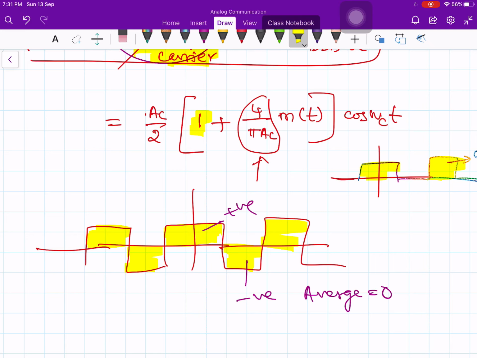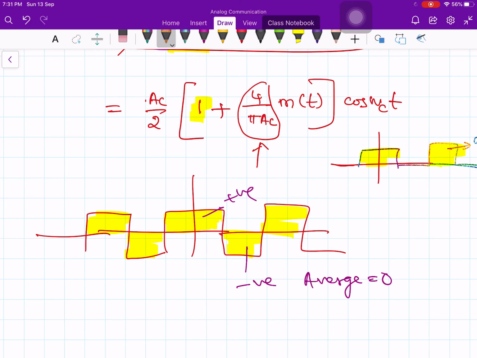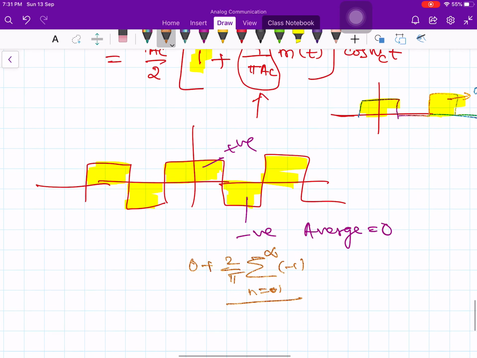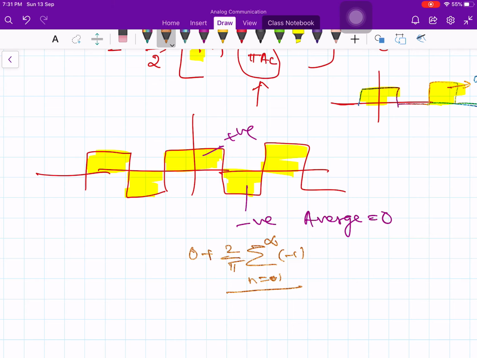So in this case your Fourier series will be, instead of 1 by 2, it will be 0 plus 2 by pi summation of n equals 1 to infinity minus 1 whole power n minus 1 divided by 2n minus 1 cos of so and so. You just find out the Fourier series for this. The DC component of the waveform must be 0 for this. Therefore, this 1 by 2 factor will disappear.